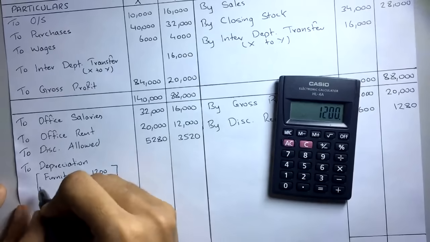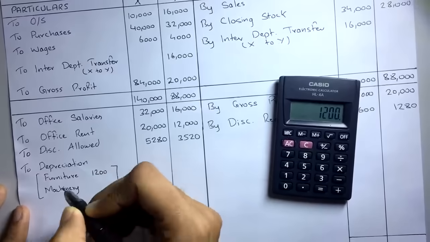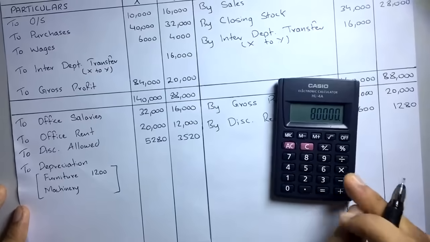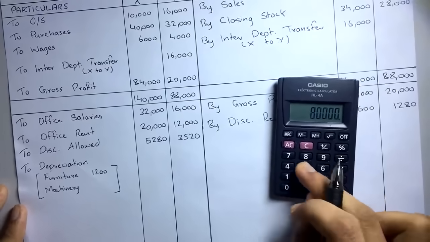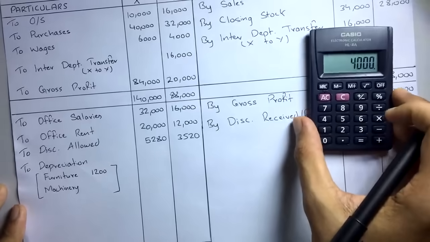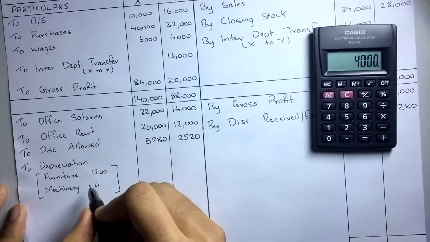And then they said machinery of 80,000, right? Machinery of 80,000 at the rate of 5%. So 5% means 4,000. So 4,000 will come over here.